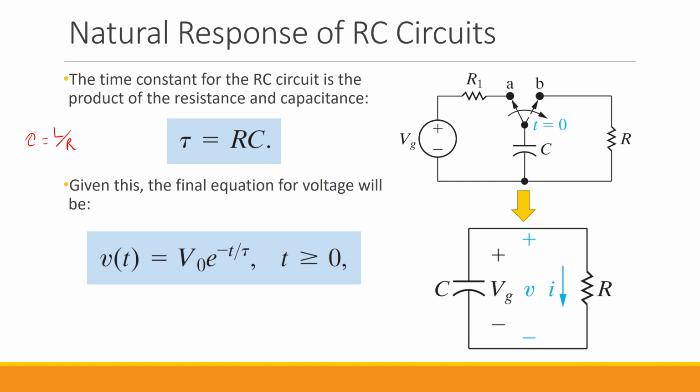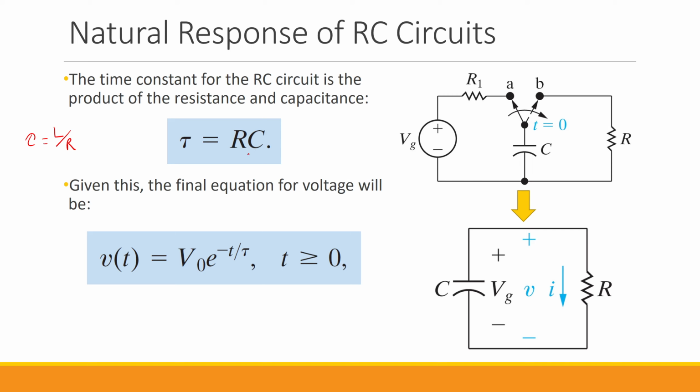They both act as the unit of time for a circuit. But now, because of the different ways that the equations for voltage and current are related, the time constant for the RC circuit is actually R multiplied by C.